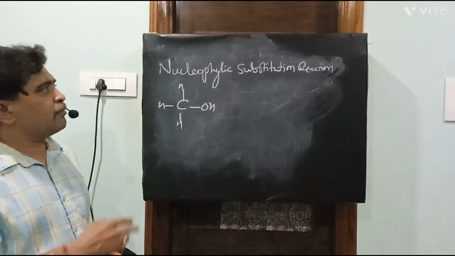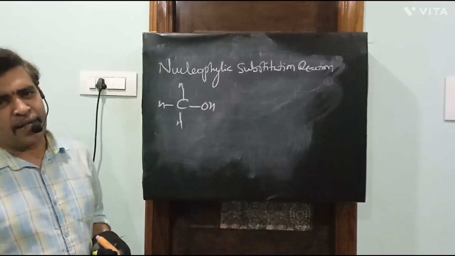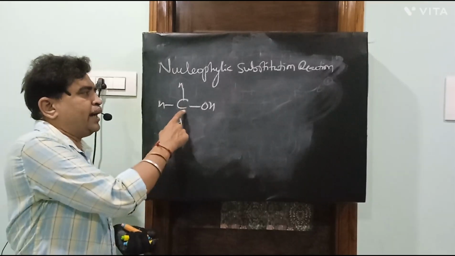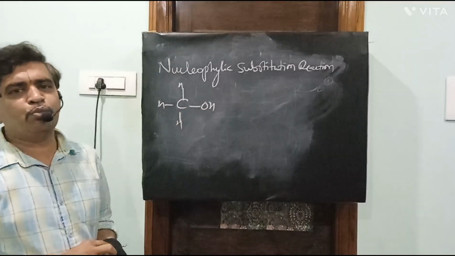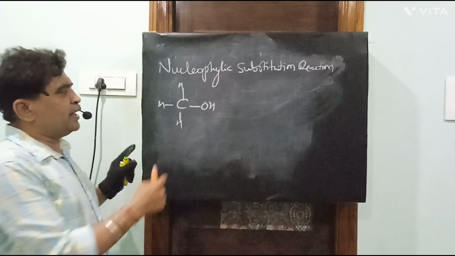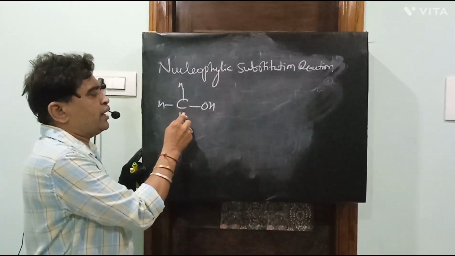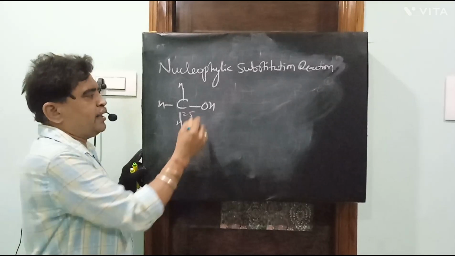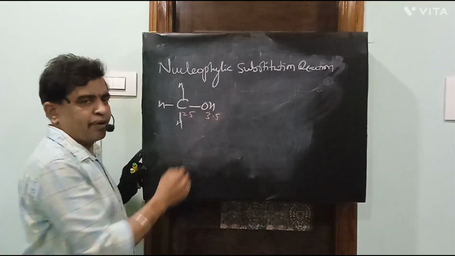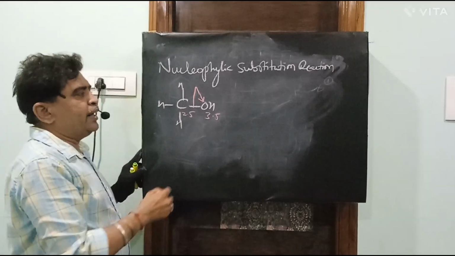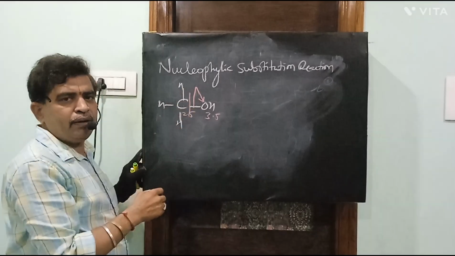The third type of reactions are called nucleophilic substitution reactions. Here in this compound, the carbon and oxygen are bonded. Here we have an electronegativity difference between the carbon and oxygen. The carbon electronegativity is 2.5 and the oxygen electronegativity is 3.5. So the electrons are pulled towards the oxygen and the bond is cleaved at carbon.